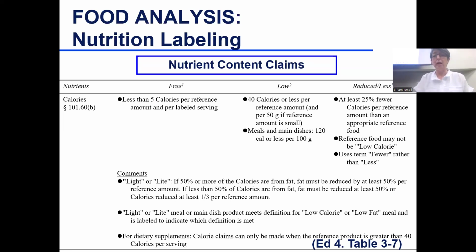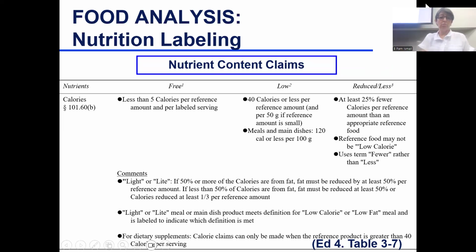So if you want to have a reduced claim for fat, reduced in yogurt, the amount of fat, or calories in this case, should be 25% less calories compared to the full fat yogurt, for example, or full calorie yogurt. It has to be compared to the non-modified or the original reference.